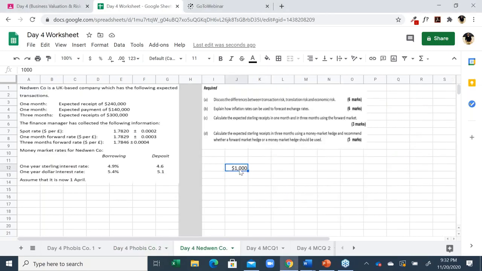You have to pay $1,000 in, let's say, 1 month's time, right? And let's say $1 is equal to £1 today, right? $1 is equal to £1 today.